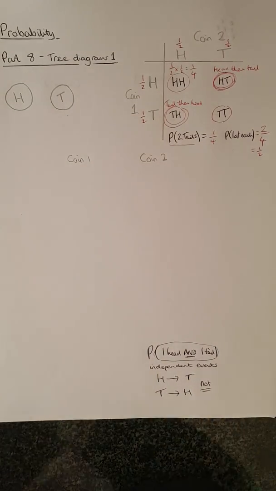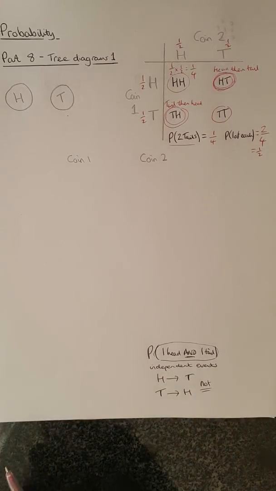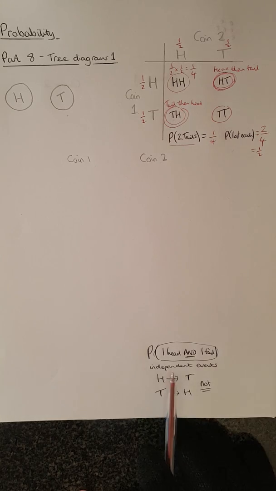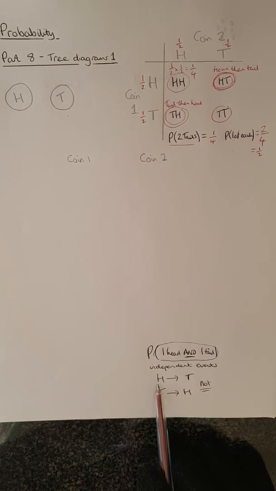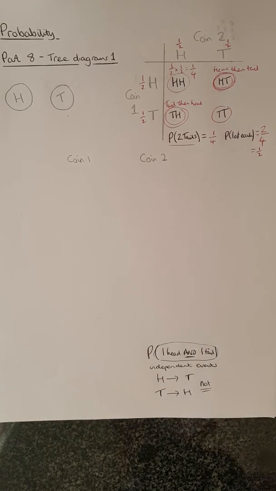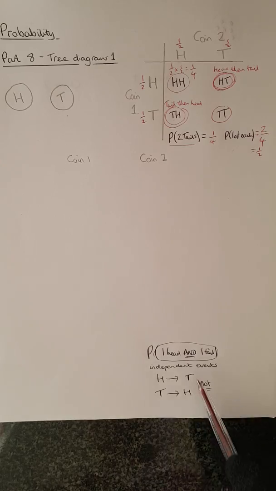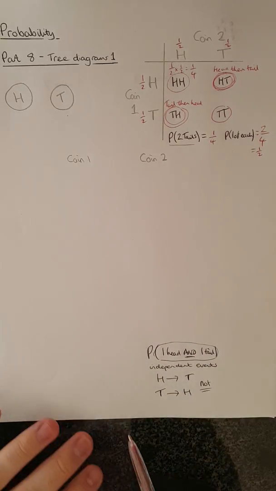Now let me go through that again. One of each is a head and a tail. If they're independent events, I'm just going to multiply the probabilities. But whatever I get on the first one changes what I want to get next. So this situation is not independent.